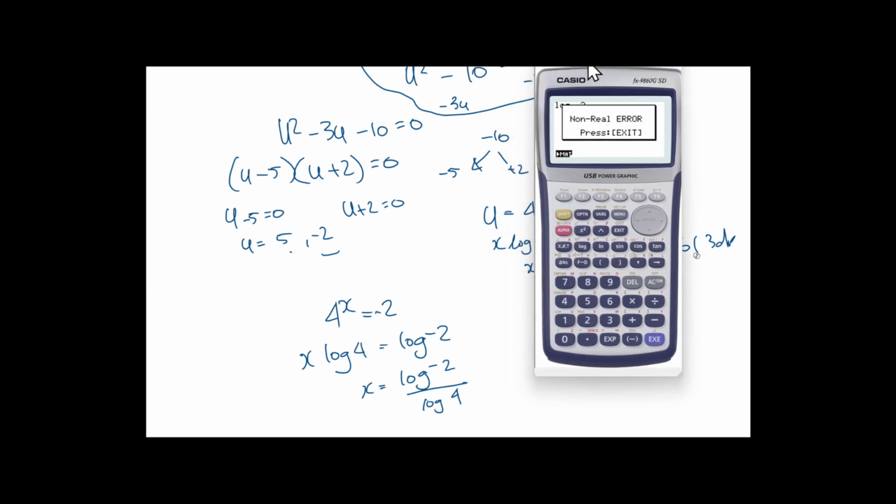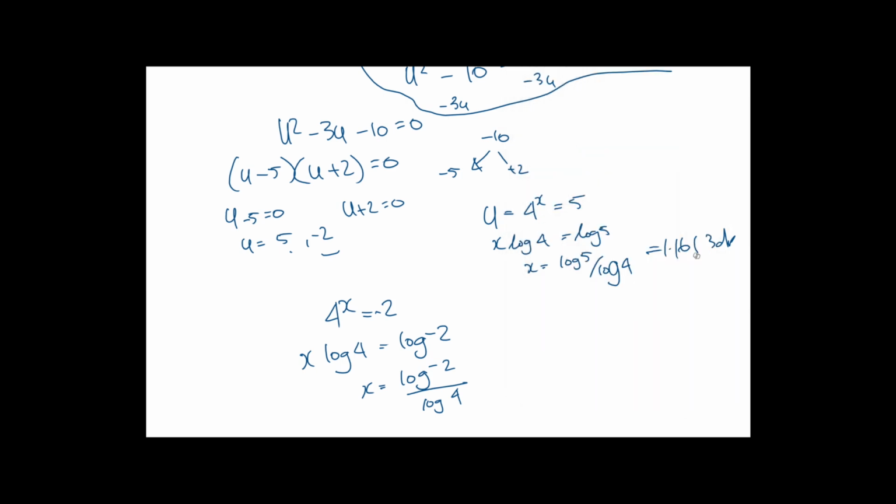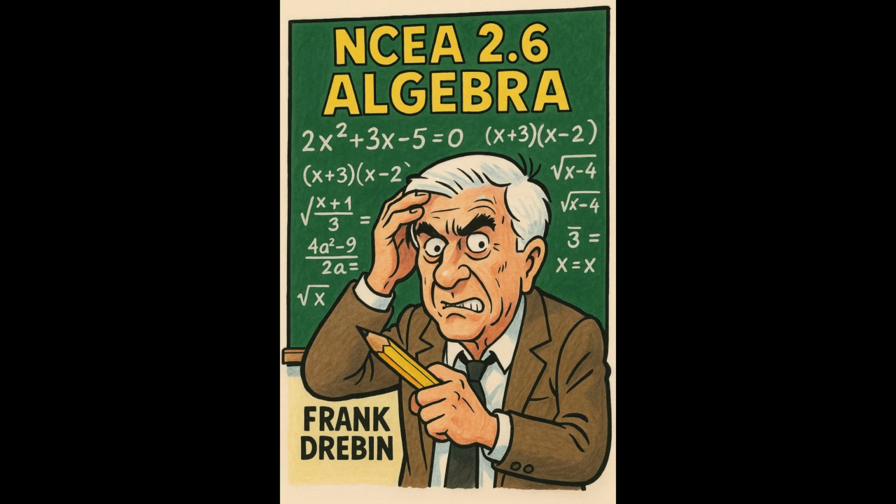It needs imaginary numbers. So our only viable answer is that x equals log of 5 over log of 4, which is 1.161 to 3dp. And that's the logarithms for 2023.